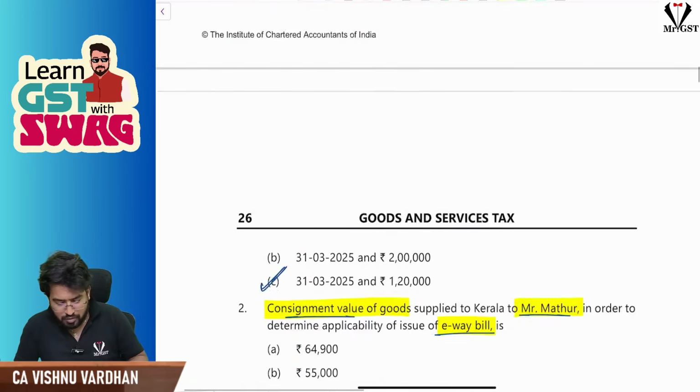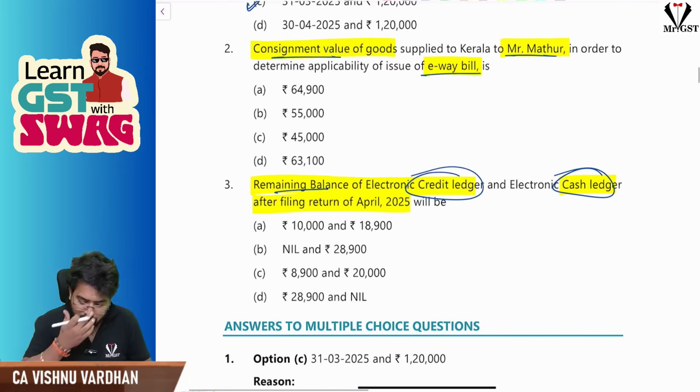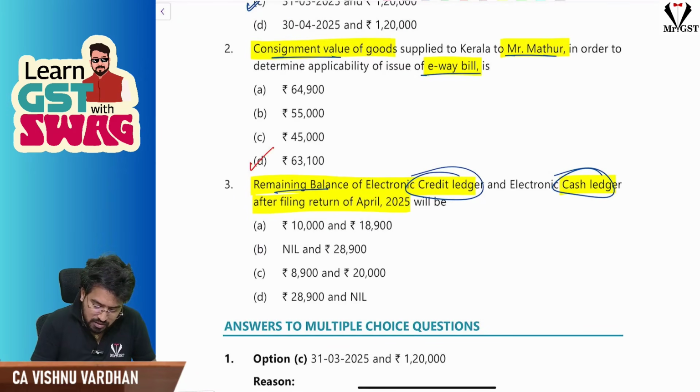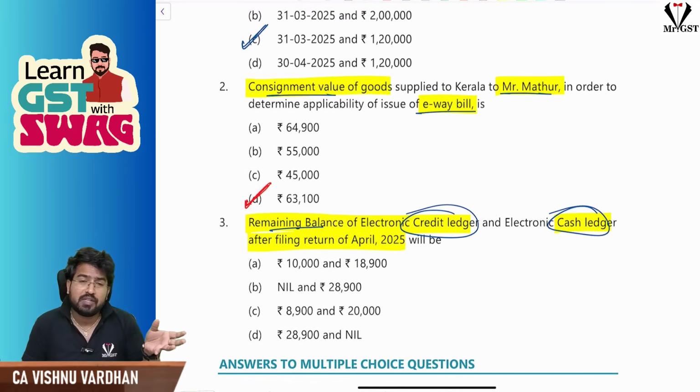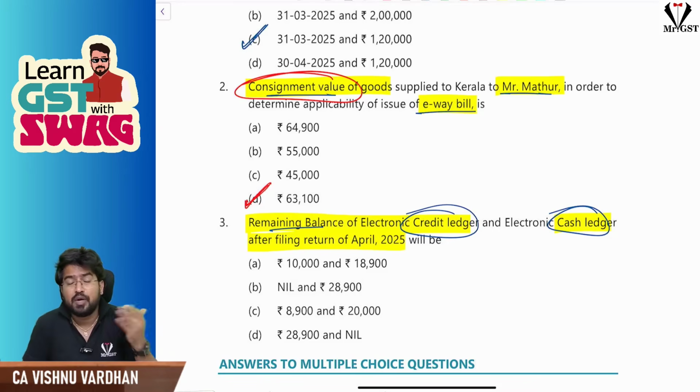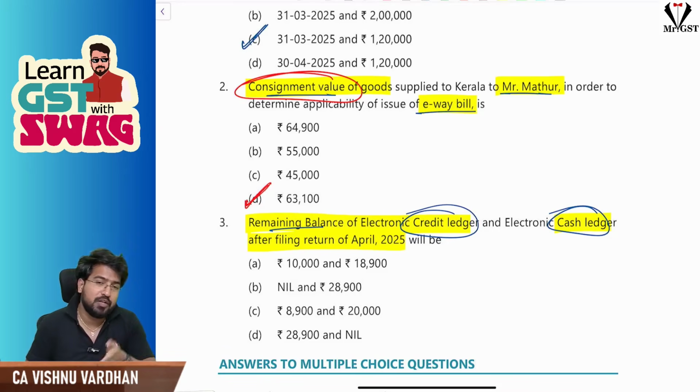But here one comedy is the institute has given a wrong answer, saying 63,100. You will get 63,100 only when it is a bill value, I mean the total of the same invoice, an invoice-cum-bill of supply we can call it. So that value is 63,100. But the question is clearly consignment value. Consignment value means only taxable value plus GST.